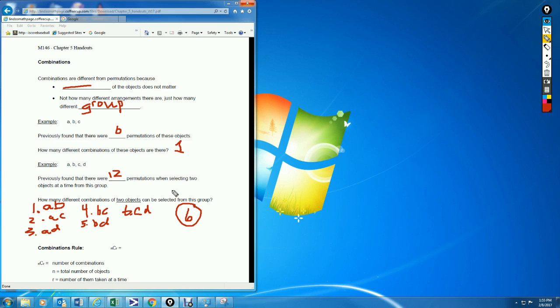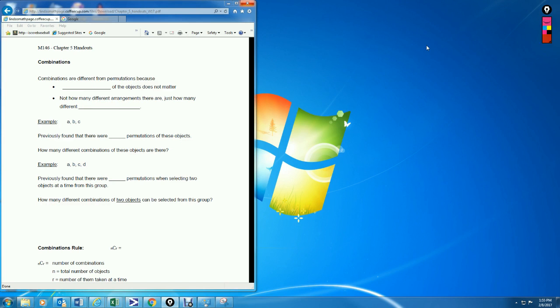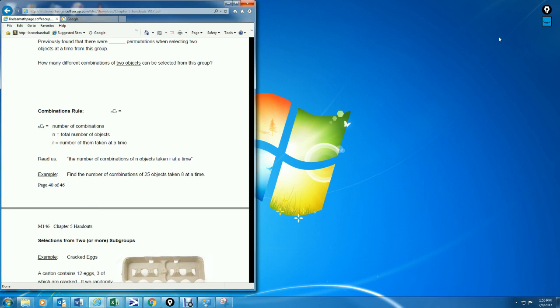So, as before, with the permutations, there is a formula for combinations. So let's go on to that. The combinations rule would be nCr equals n factorial over r factorial times the quantity n minus r factorial.